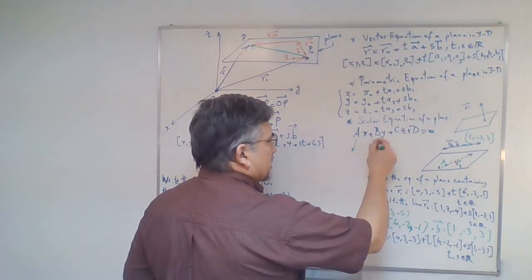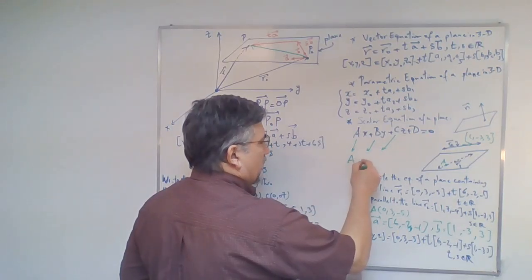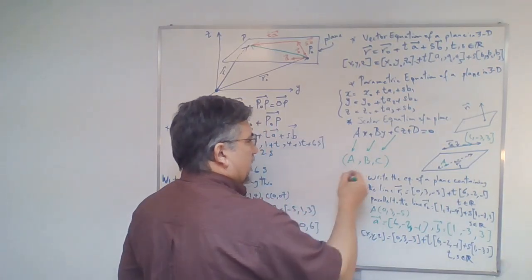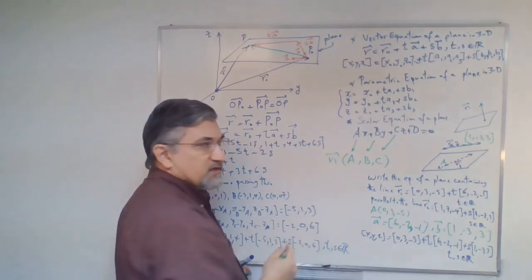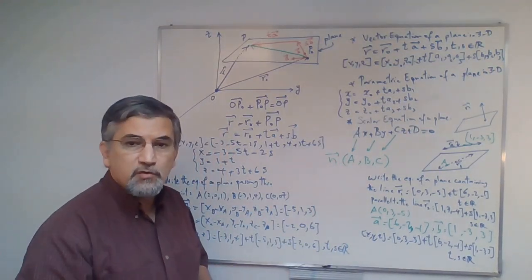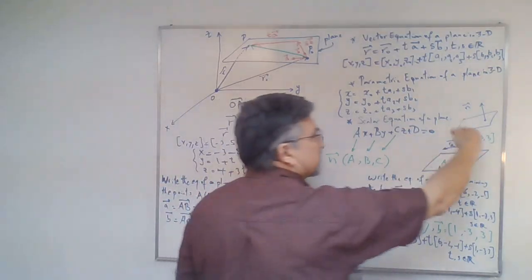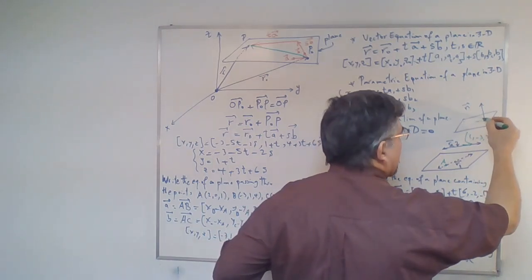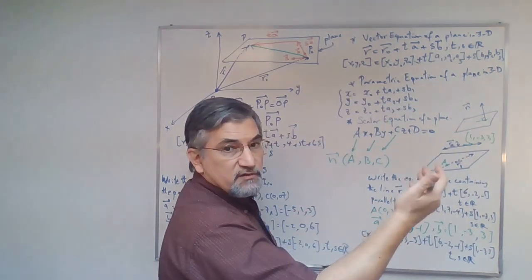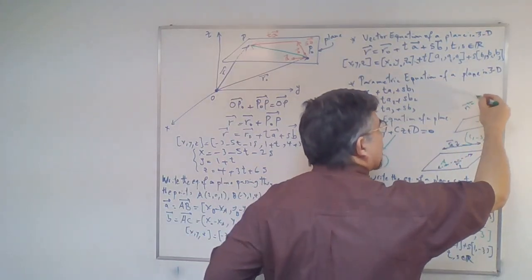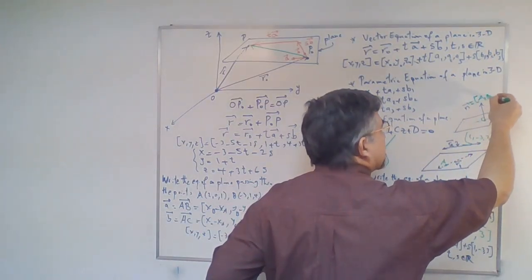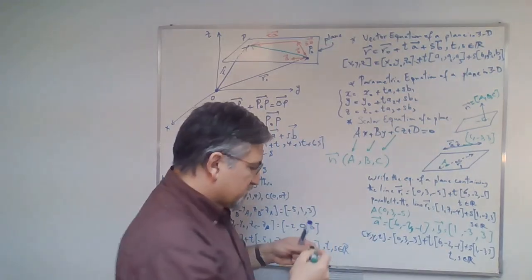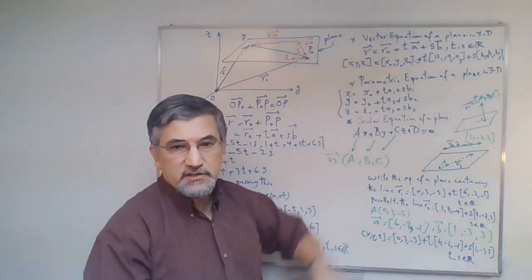And these numbers a, b, c are actually the components of a vector n, which is called the normal vector of the plane. So if you have a plane and you have a vector which is perpendicular to the plane, it's called the normal vector of the plane, and its components are always a, b, c, which are the coefficients of x, y, z in this equation.